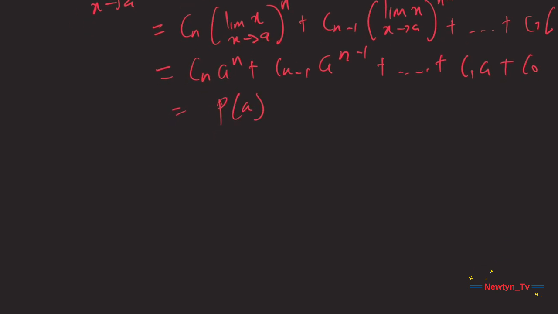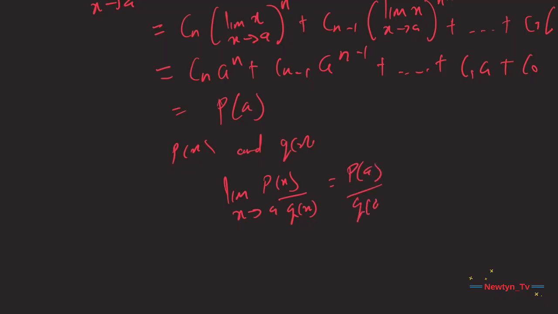It now follows from the quotient law that if p of x and q of x are polynomials, where q of a is not equal to 0, then the limit of p of x over q of x as x approaches a is equal to p of a over q of a, as stated above.